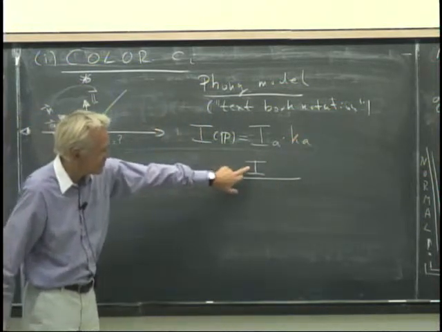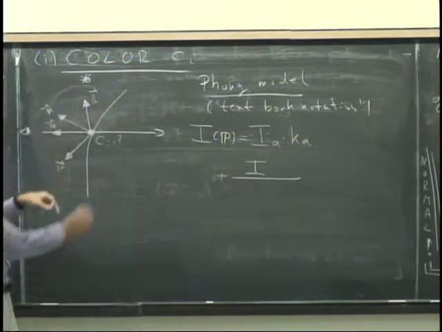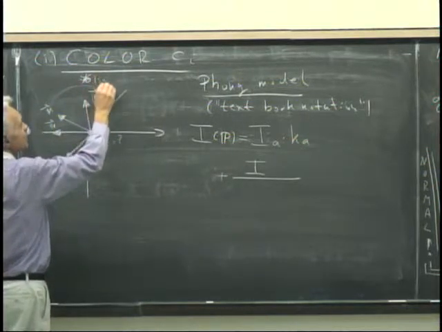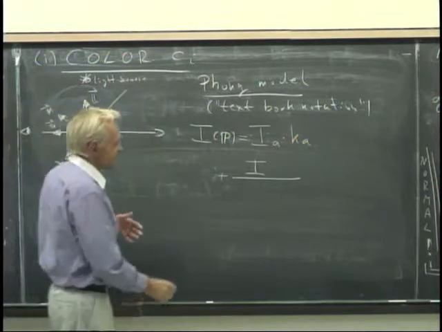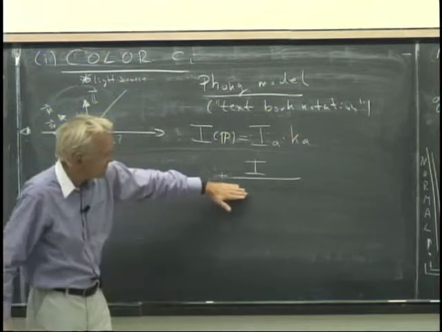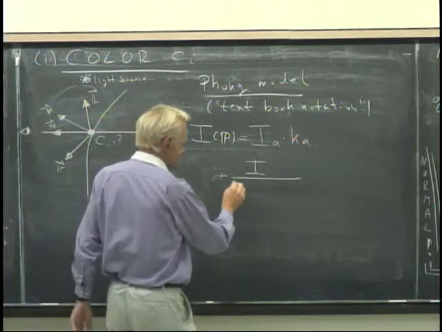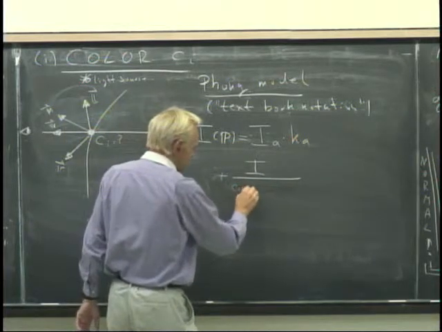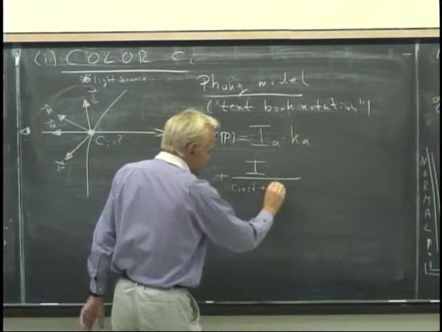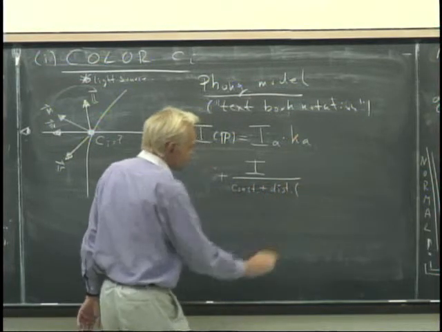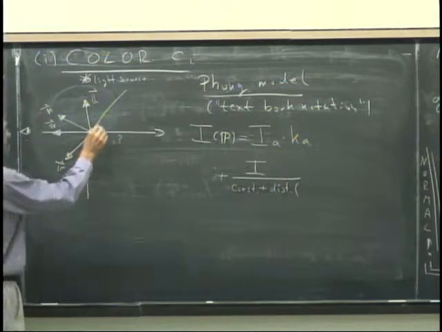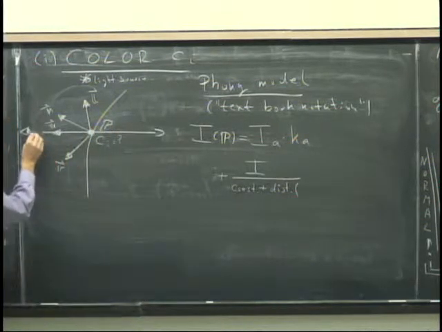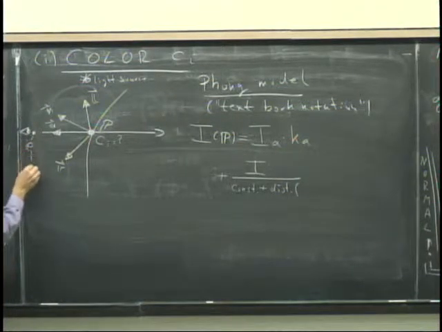But anyway, there's something called I, the intensity of the light source. You divide it by some kind of distance term, usually modeled by some constant plus some kind of distance between the eye point, the viewer, and the point itself. So here's the eye point, E.